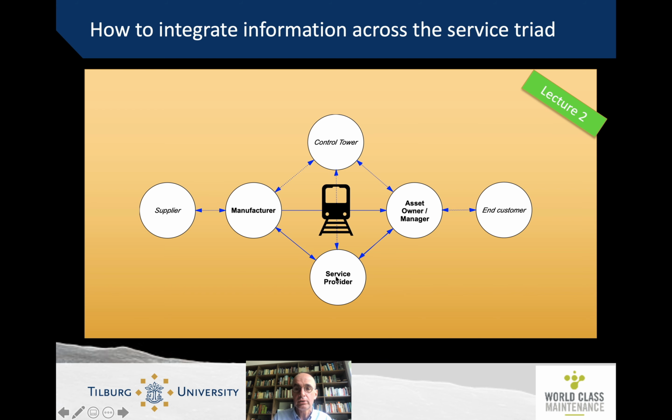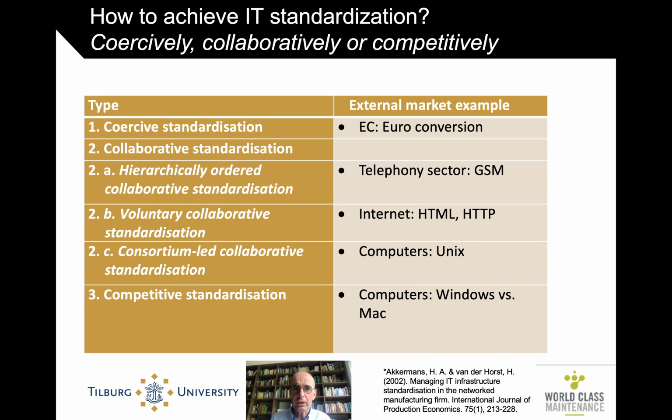The service provider knows the information regarding the actual maintenance. Some supplier has some key data. So you need to share all this data across the service triad, and that's problematic. In fact, you can get some level of standardization there, but it doesn't happen automatically.